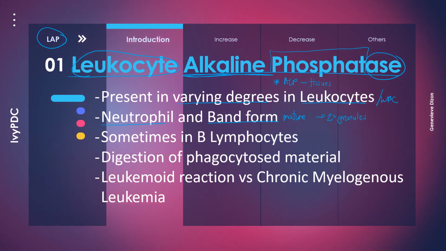Sometimes there may be some or very small LAP found in B lymphocytes. The significance of the LAP in the cell is that it is involved in the digestion of the phagocytized material. Therefore, it is involved in the defense mechanism of the neutrophil. LAP in hematology is very useful in differentiating Leukemoid reaction from chronic myelogenous leukemia.